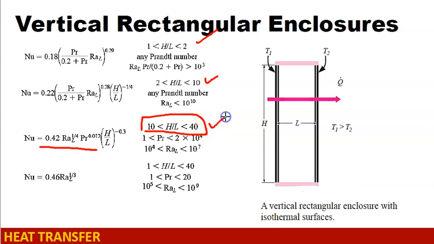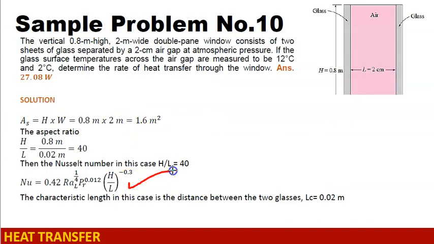For 10 to 40, we will use this Nusselt number equation. The characteristic length for this equation is the distance between the two glasses, 0.02 meter. The Prandtl number is already available, so we need to solve for the Rayleigh number.